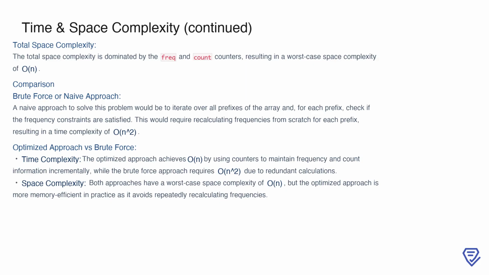In contrast, the optimized approach uses counters to maintain frequency and count information incrementally, reducing the time complexity to O(n). Both approaches share the same worst-case space complexity of O(n), however, the optimized approach is more memory efficient in practice because it avoids redundant recalculations, leveraging hash maps to ensure efficiency.